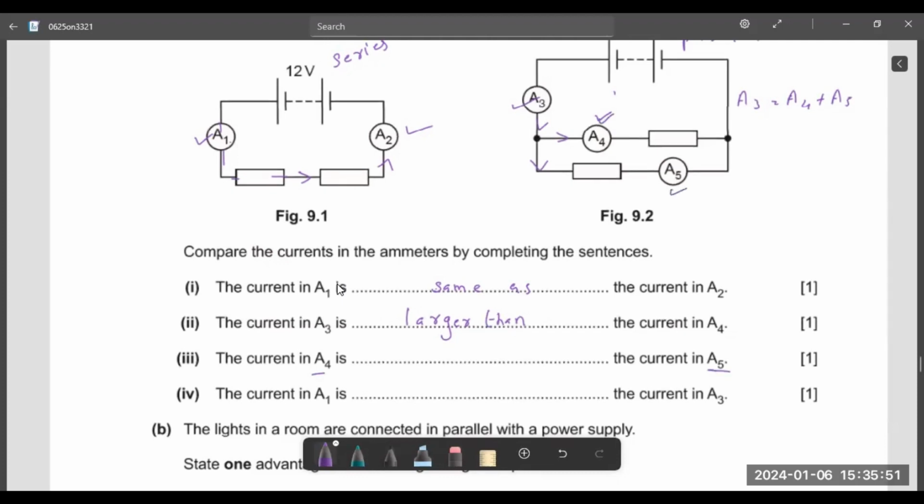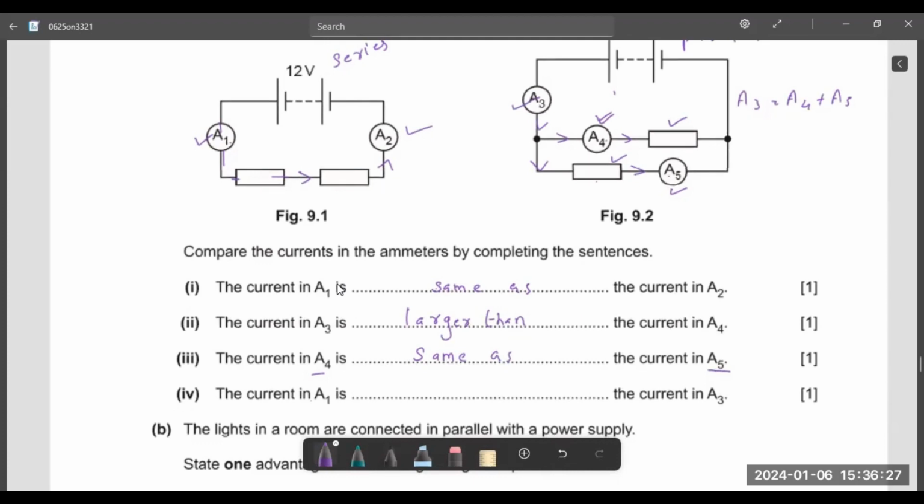We know the resistance values are the same, so the current flowing through both of these will be the same. This current will be equally split through A4 and A5. So A4 is equal to A5 as the resistance values are the same. If the resistance values were different, the current would have been different, but now the resistance is the same. So A4 and A5 will be the same.